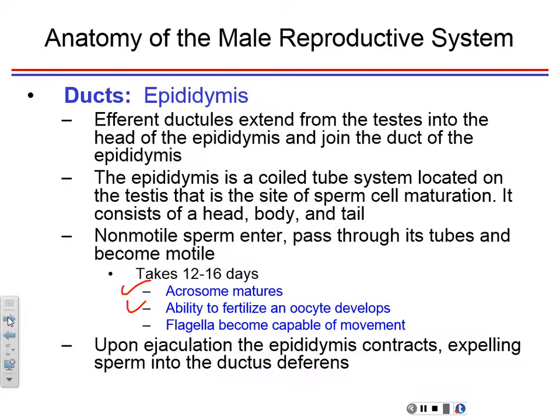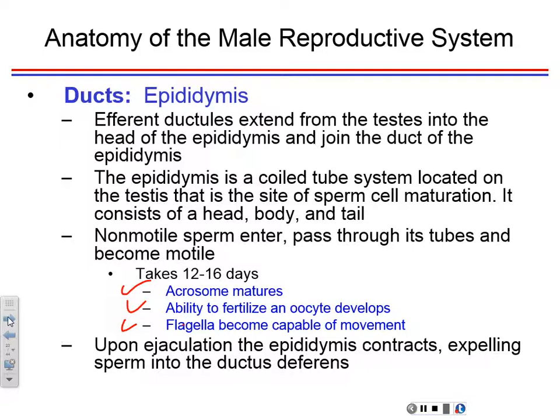So I want you to know the functions of the epididymis, what it's doing, how long it's taking, and what abilities are being given to these sperm cells. The ability to swim, the ability to fertilize an egg, the acrosome, and they're being activated. The flagella now becomes able to move. So know those things and know the purpose of the epididymis. It's just the basic structure.